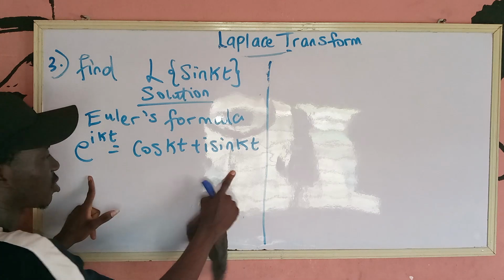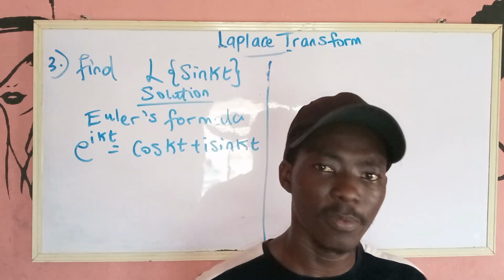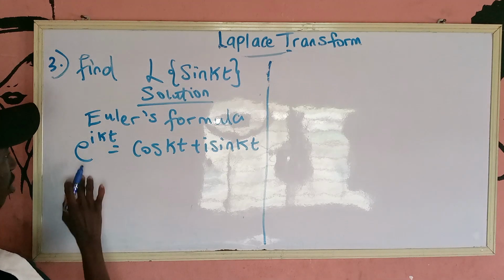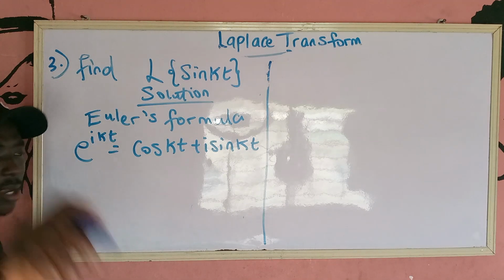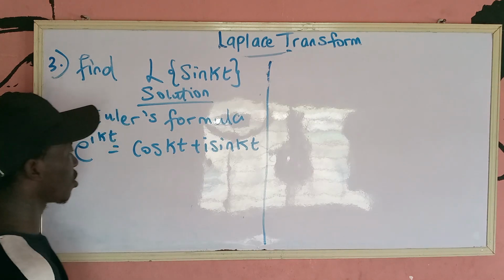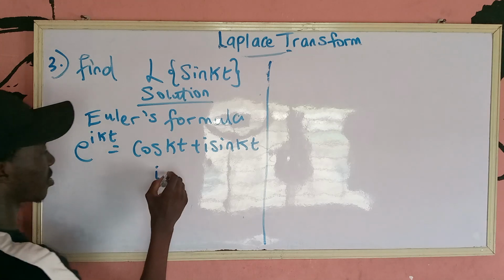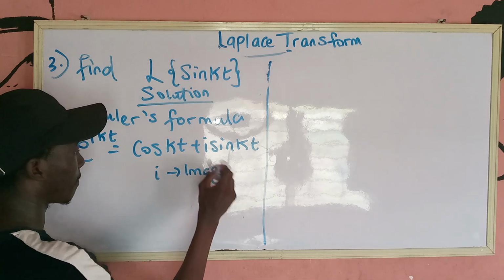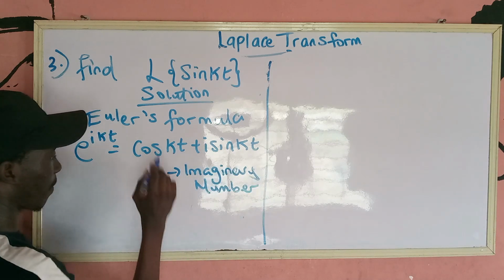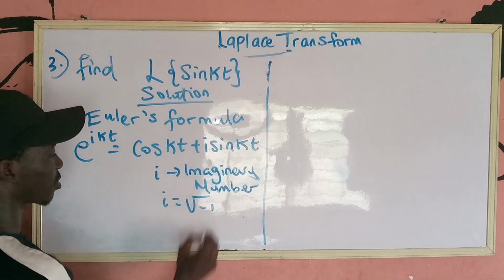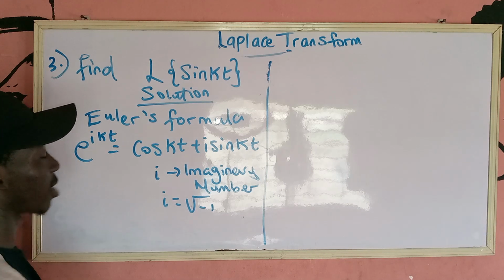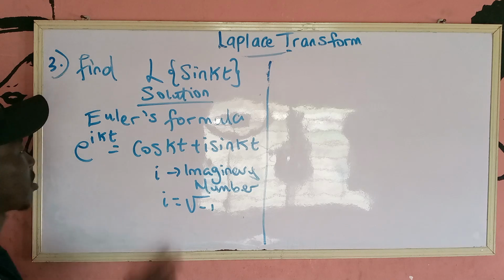So this expression now is what we call a complex number. This stuff is a complex number. And in a complex number, we have two parts. This i you are seeing here is called an imaginary number, and the i is the square root of -1. That is the actual mathematical representation of i.